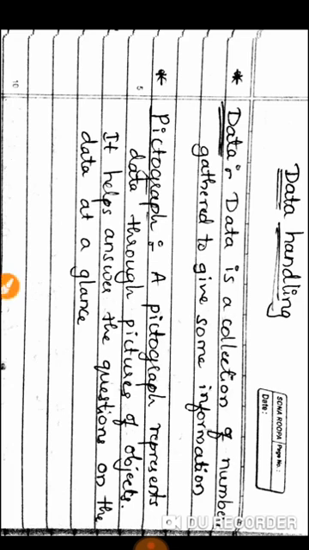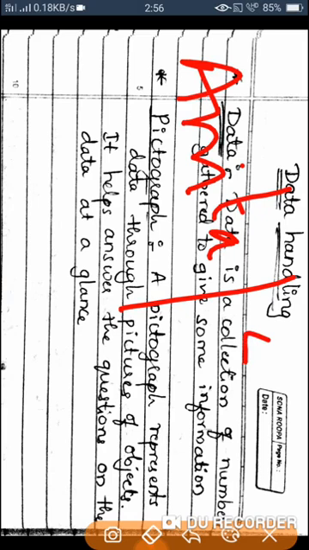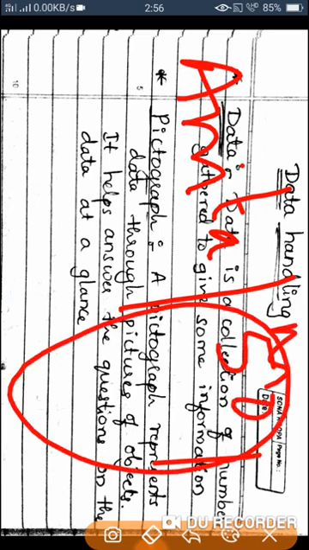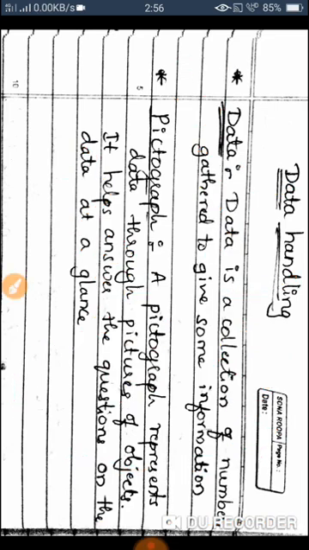For example, in a marks sheet, if Anita scored 50 for maths, these are numbers gathered to give some information, about marks. So such things we can call data.